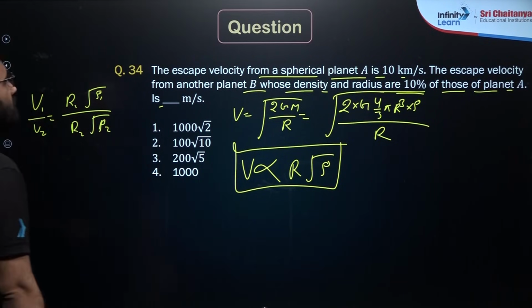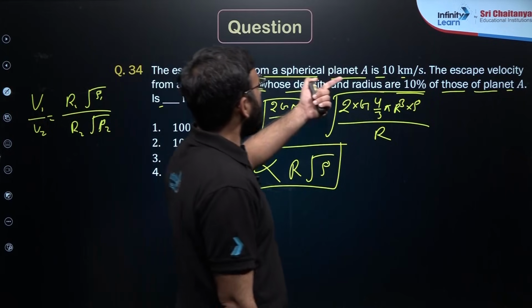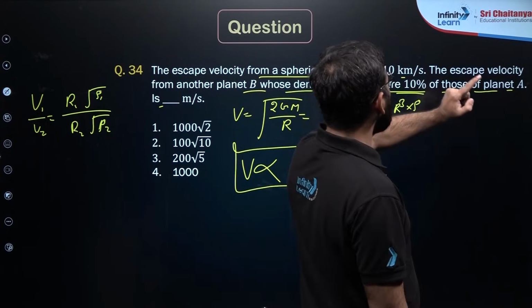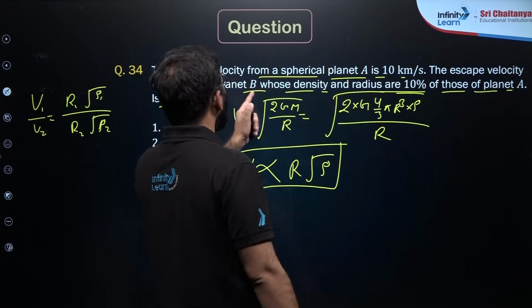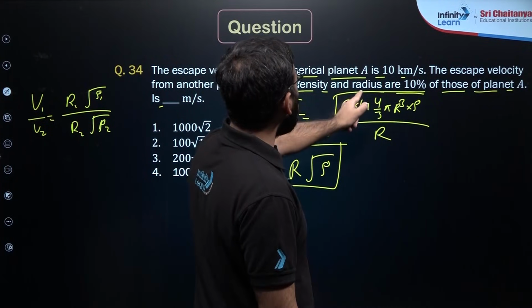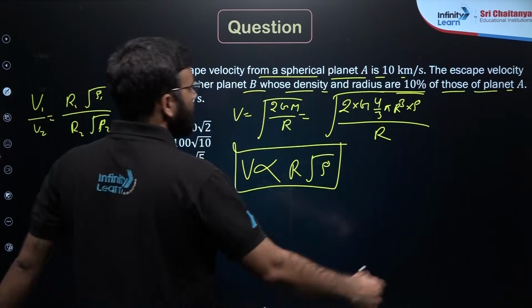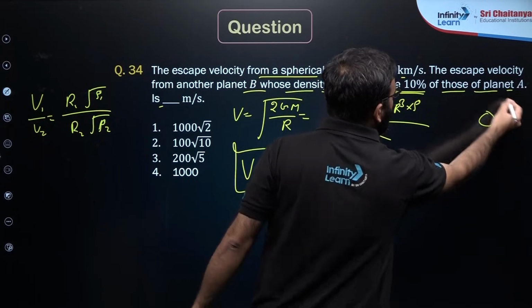So what is the initial escape velocity from the sphere? 10 km per second. The escape velocity of another planet B, whose density and radius are 10%, and 10% means 0.1 of initial.